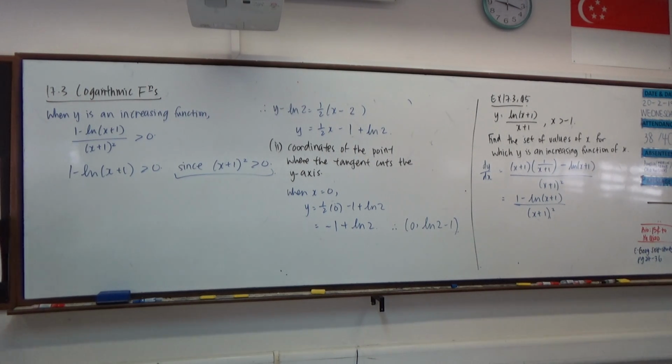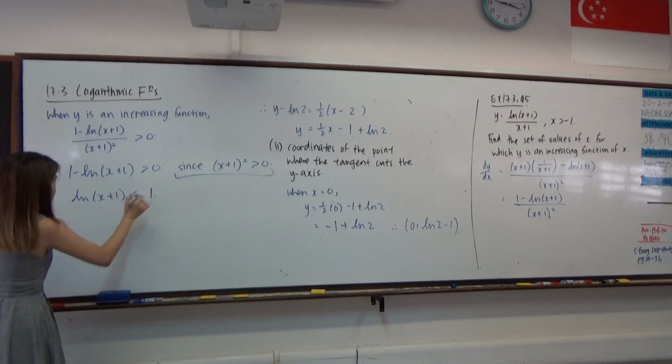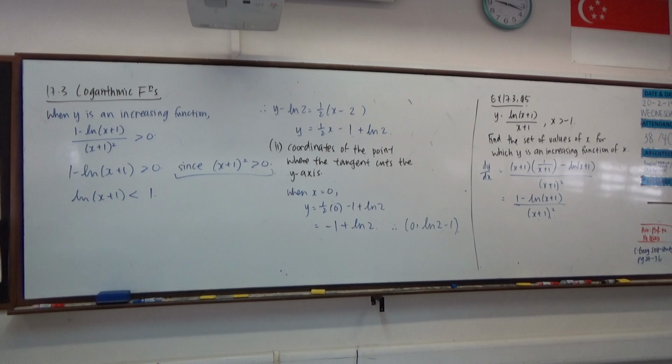So then at this point here, how do we continue? You can rewrite your inequality in terms of this, e to the power 1. This is an inequality, right?